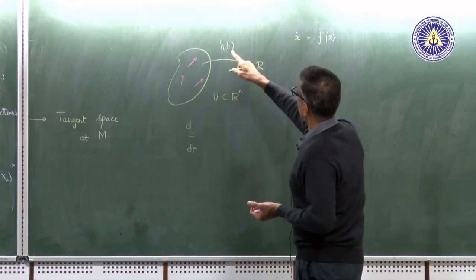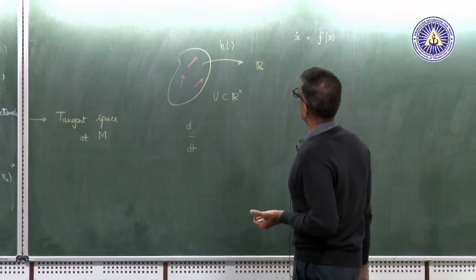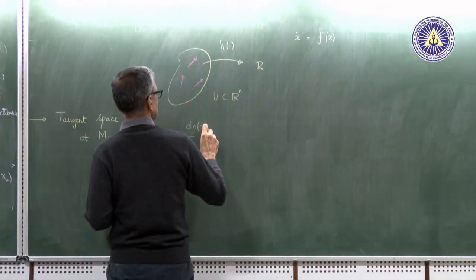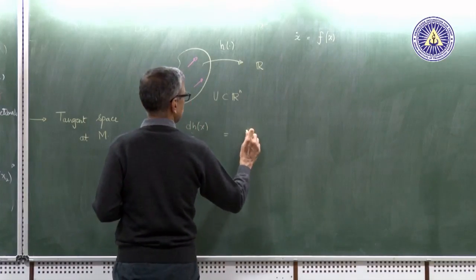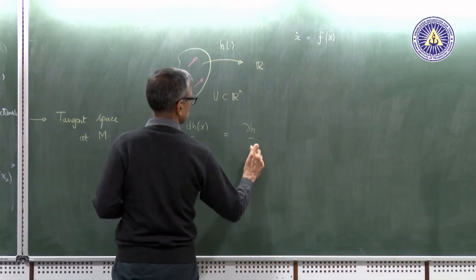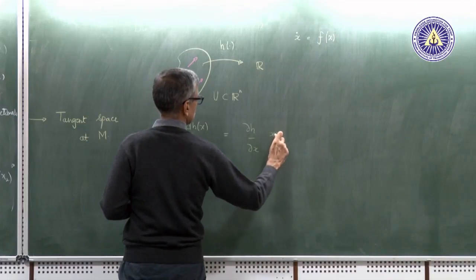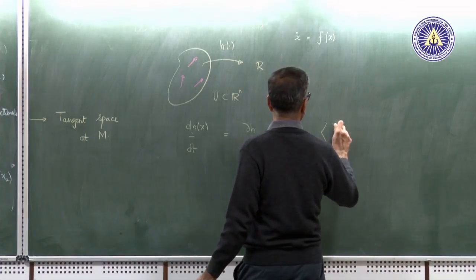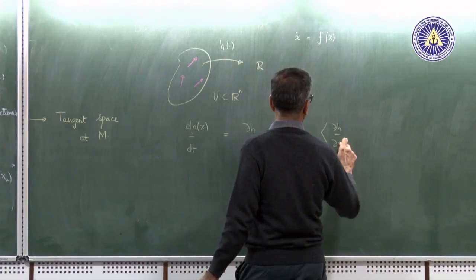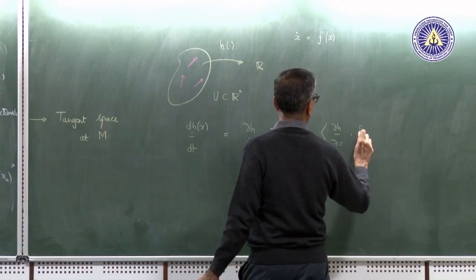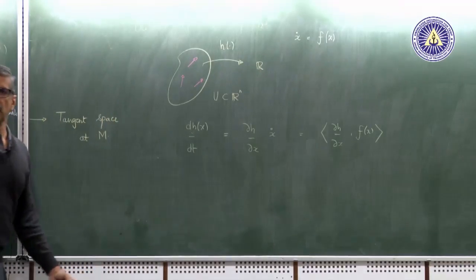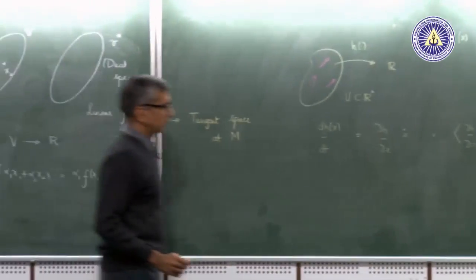So h is a function of x, the variables of the system. So if I am asked what is dh by dt, it is the dot product of the gradient of h with x dot, which is f of x, right.